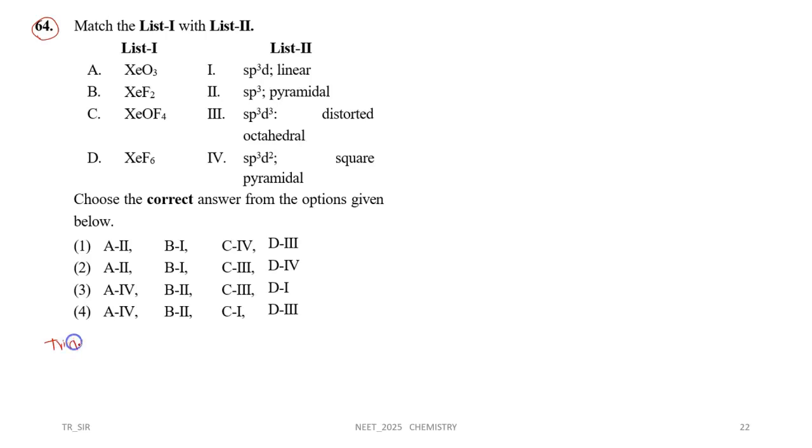So the trick to find out hybridization is: hybridization is equal to the number of sigma bonds plus lone pairs.